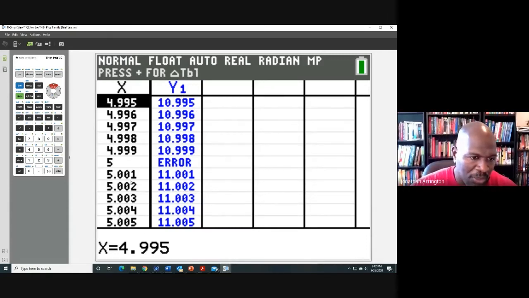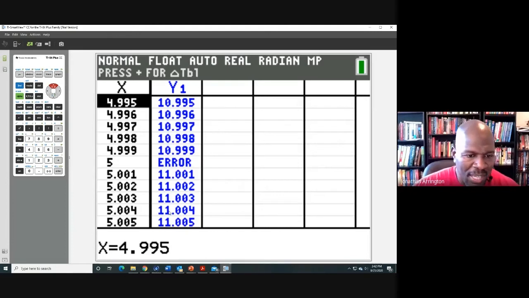So here are numbers that are greater than 5. So we're going to 5 from the right, from values which are greater than 5. So from 5.005 to 5.004, etc. on to 5. Let's look at the y values and see what they do. And we start off with 11.005, and then we have 11.004, all the way down to 11.001.